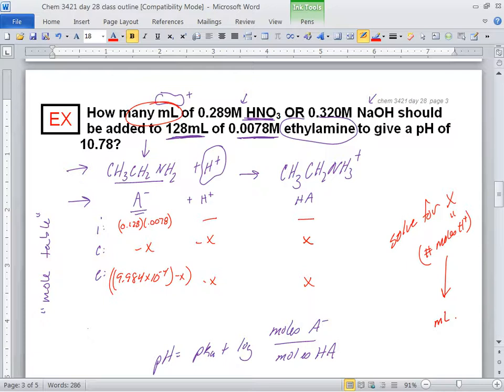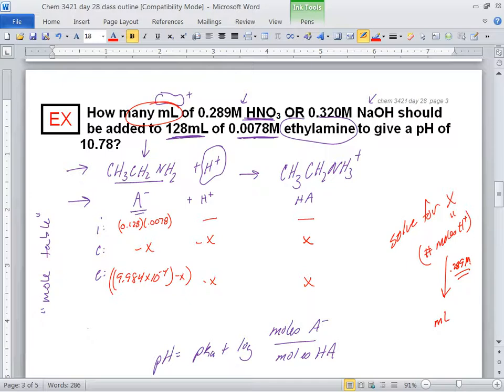Somehow we'll figure out what x is, and then how do we go from these moles of H plus to mils of our answer? Use the molarity, 0.289 moles per liter. So that's how we'll get there. Okay, so that's the big picture. The big picture is get x, because that'll be the moles of H plus. Convert those moles into liters first, then convert to milliliters, using the molarity of that HNO3.